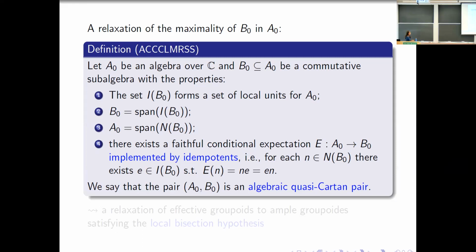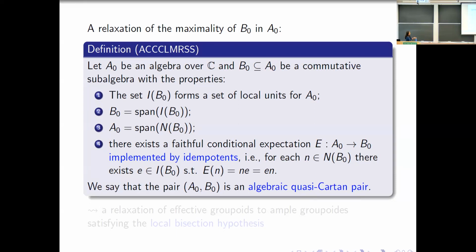What that means is that whenever we apply our conditional expectation on the normalizer, because we know the big algebra is really generated by the normalizer, the image of the normalizer under this conditional expectation can be written as the normalizer times an idempotent element. That's how we say our faithful conditional expectation is implemented by idempotents.